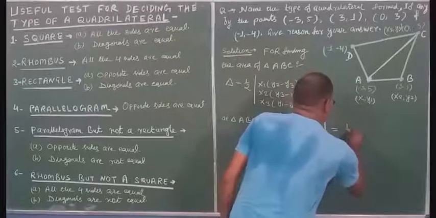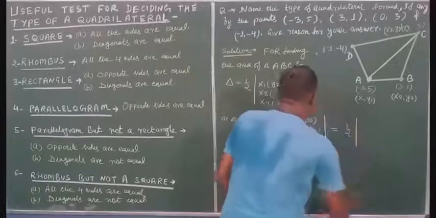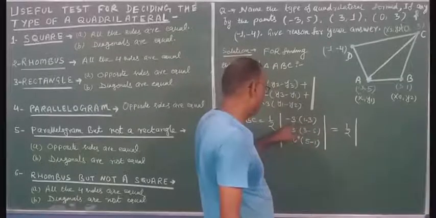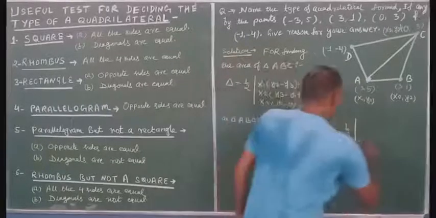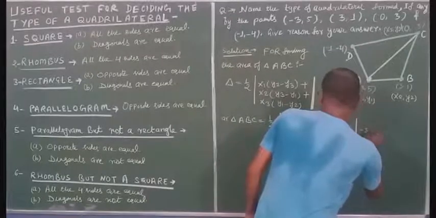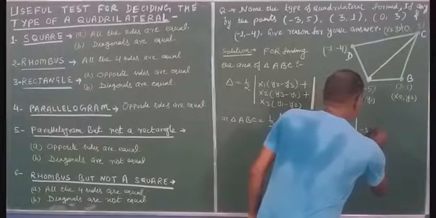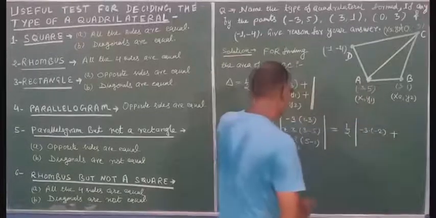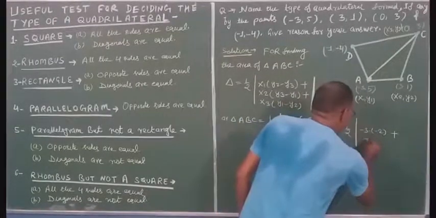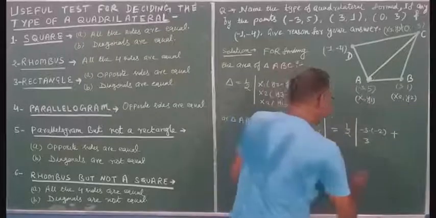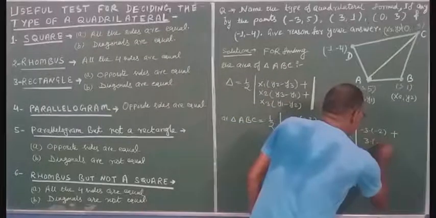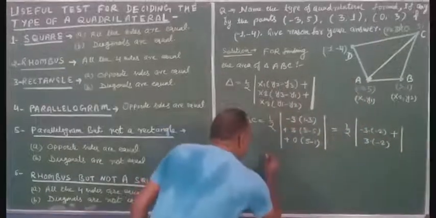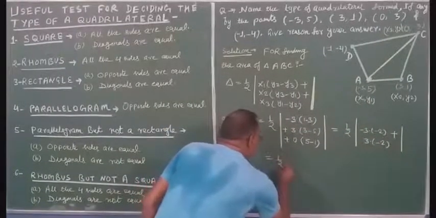Just look here: 1 upon 2, mod of minus 3 into minus 2, plus 3 into 3 minus 5, which is minus 2.